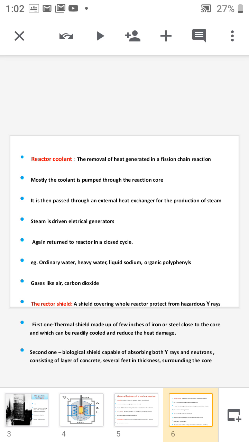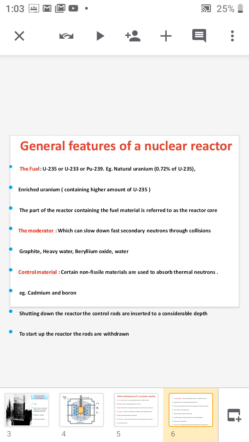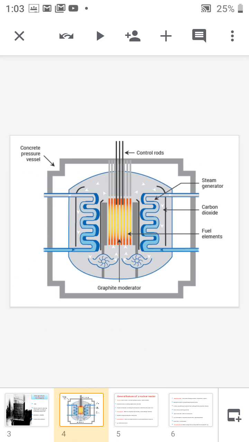Mostly the coolant is pumped through the reactor core. So see here, the orange colored bar is the fissionable material. In between we can see ash colored strips, and these are the graphite moderator.